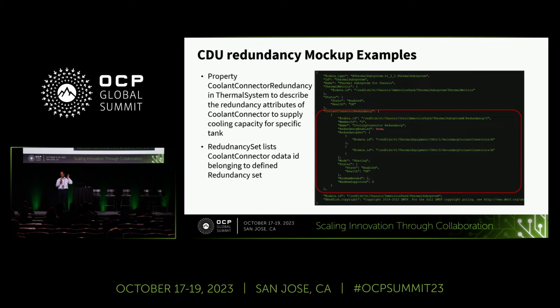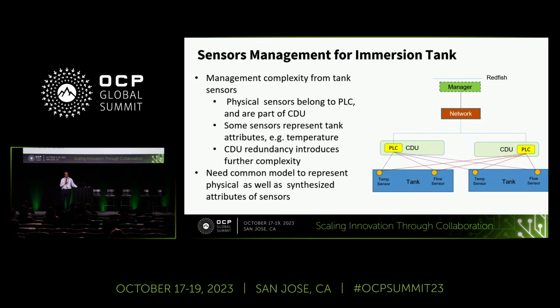You're describing this redundancy through the Redfish model. So you can look at the model and know that you don't have to worry: the redundancy is built in, and there's going to be a failover in case one fails, and you can go to the next one automatically, right? All of this description is well built into the model, and this is some of the work that we did with the Redfish forum to get us there.